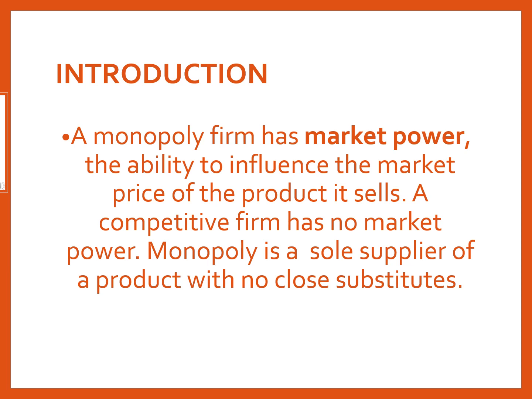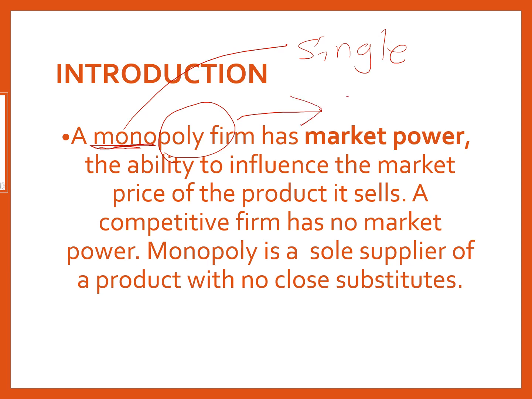Kalau kita tengok dekat sini, the word monopoly can be defined as, for the first word, mono ini sebenarnya membawa maksud single. Okay, the mono here is single, whereas the poly here can be defined as sellers.